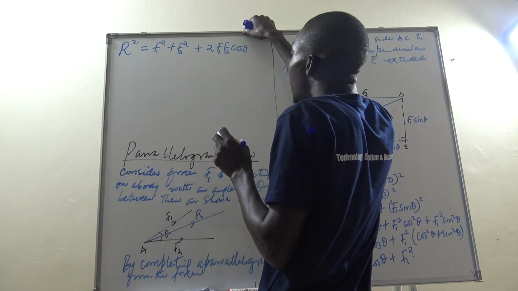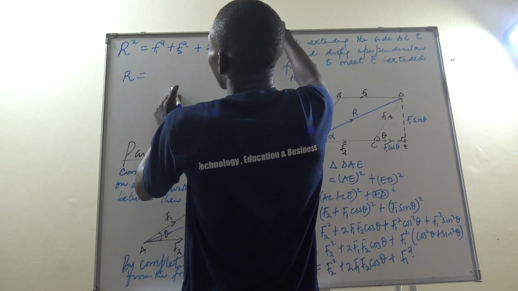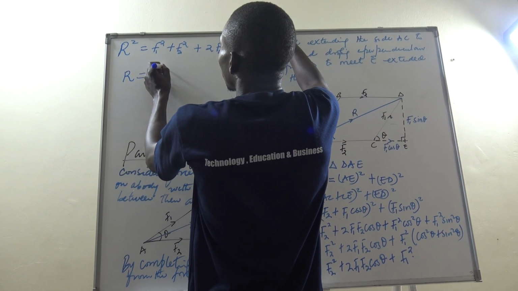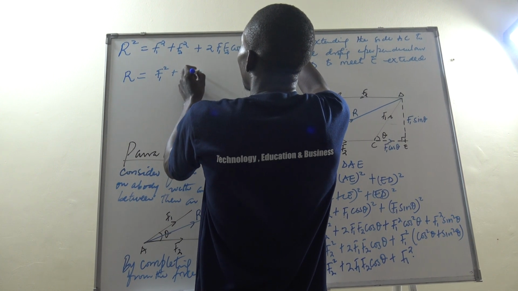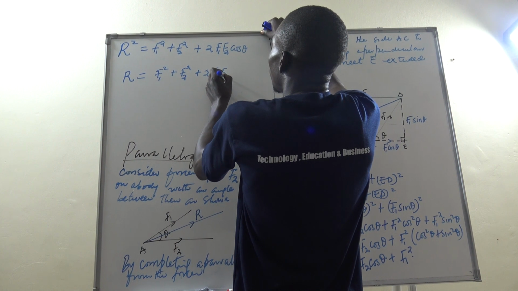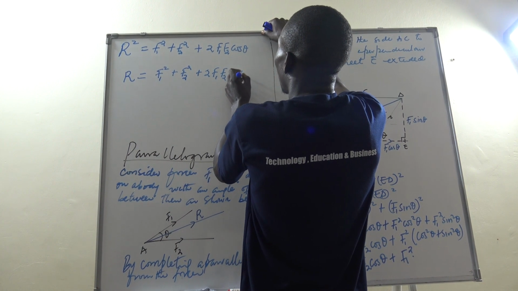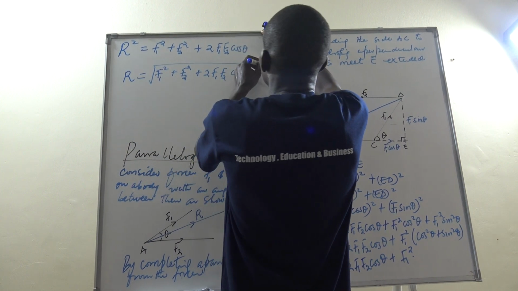And it is very correct that R is equal to the square root of F1 squared plus F2 squared plus 2F1F2 cos theta, isn't it?